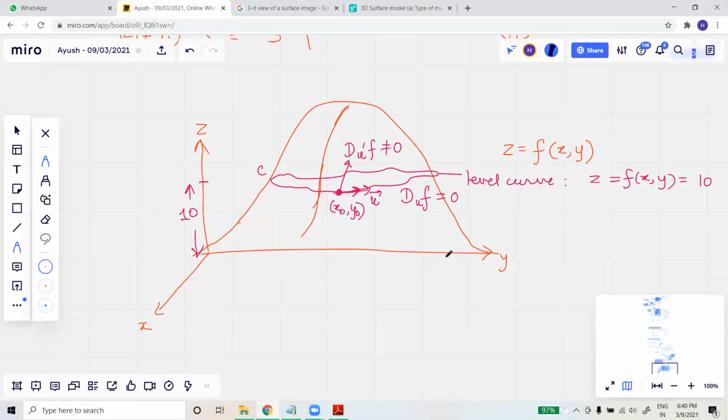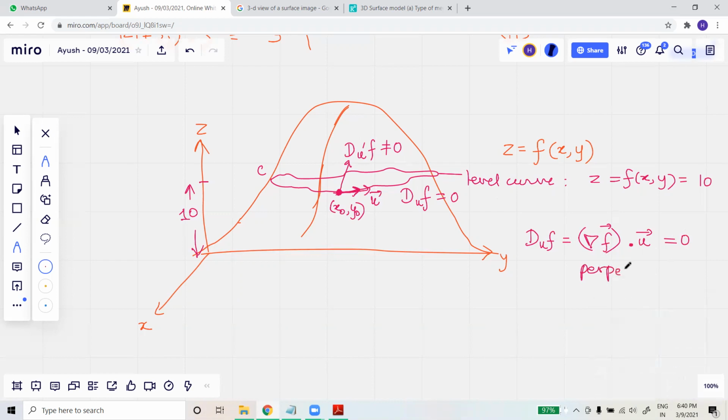Because D u of f is equal to gradient f dot u, we have seen that. And now we are saying along this direction u it is 0, so this is 0. Therefore these two vectors are perpendicular to each other, because only perpendicular vectors will have dot product 0.